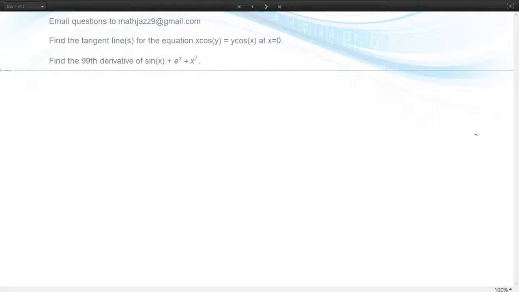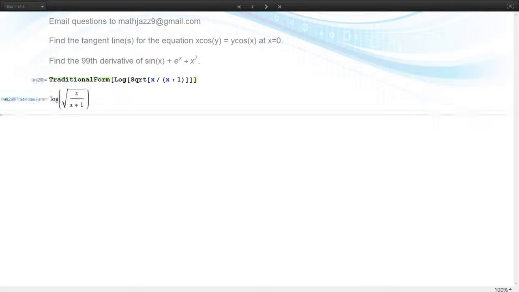So we are going to take the derivative of the natural log of the square root of x divided by x plus 1. So this is the function that we're going to take the derivative of.